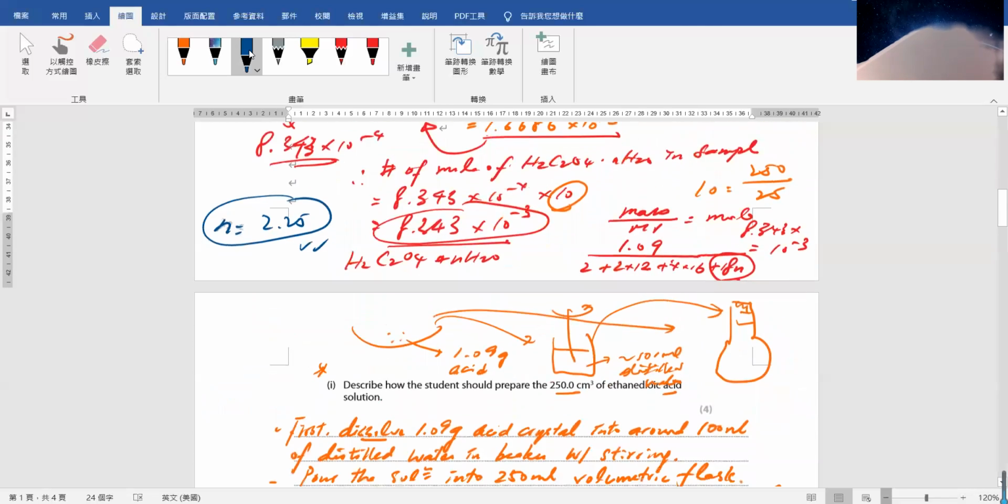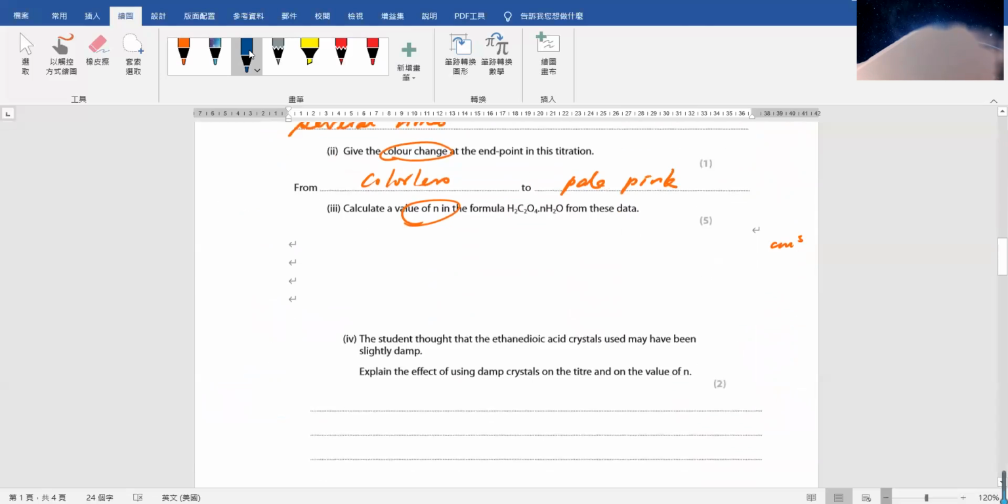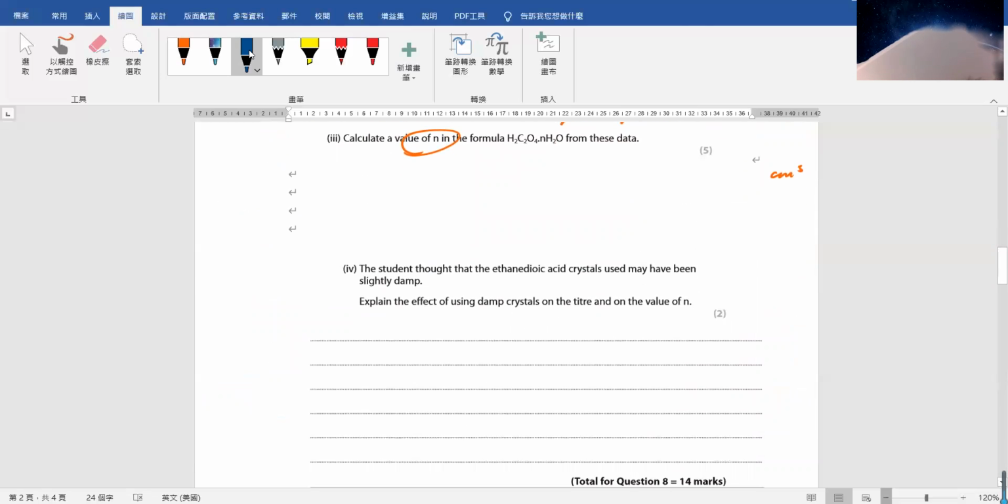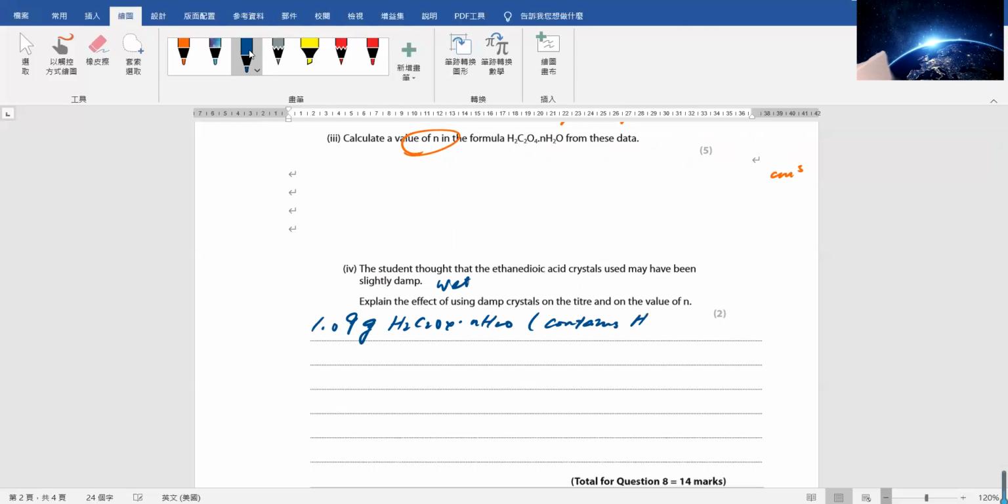Okay. And then the student thought that the ethanedioic acid crystal used may have been slightly damp, meaning wet. Explain the effect of using damp crystal on the titre. Think about if the 1.09 gram of this crystal contains some water, then think about the number of mole of sodium hydroxide to reach the endpoint.